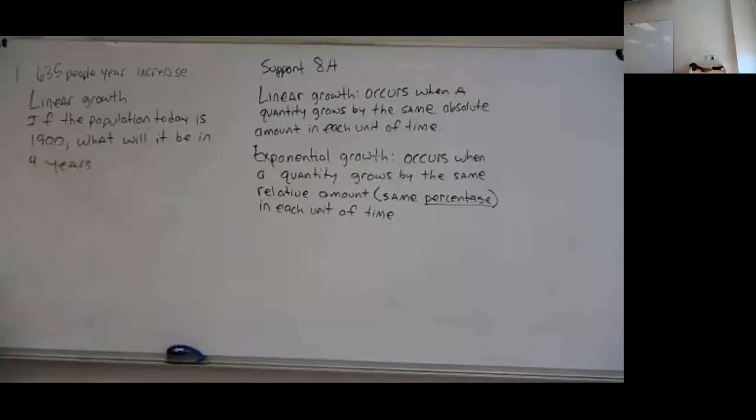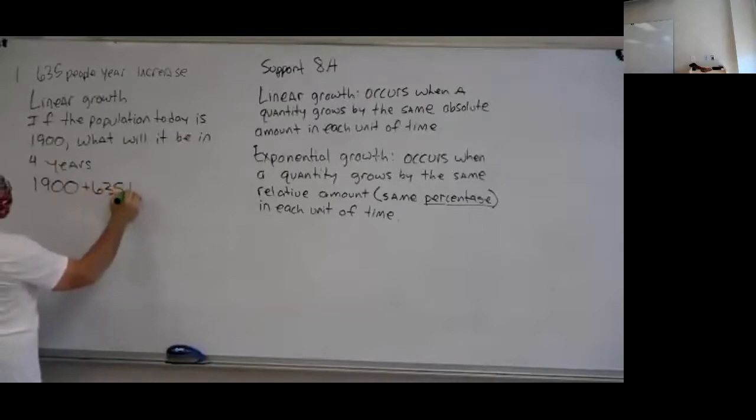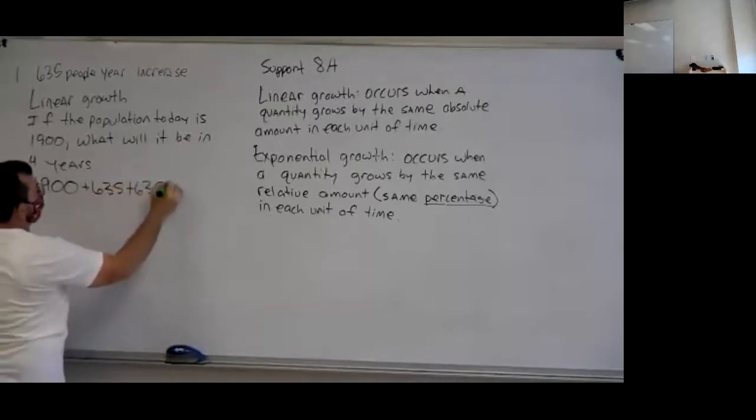And I'll even tell you that 8A homework goes over questions just like these when they're doing support. So, I know I got 1,900 people now. You know, I'm going to increase it, what they say, 635 per year. And I'm going to do this for 4 years. So 635, 4 times.